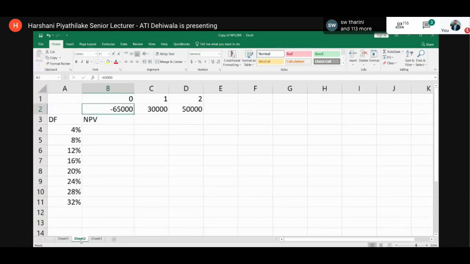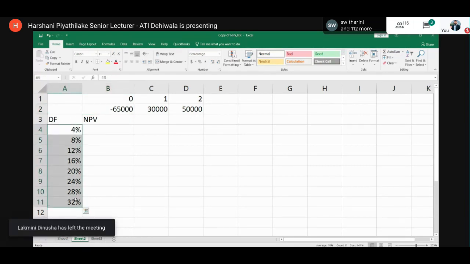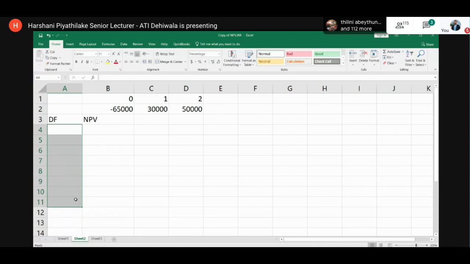Then go to sheet 2. Right. Now we'll take different negative cash flows and positive cash flows together.